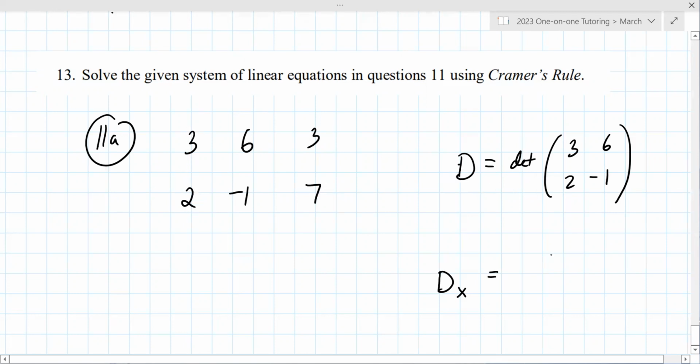There are some similarities to the first one. It's the 6 and the -1, but the right hand side replaces the x column.